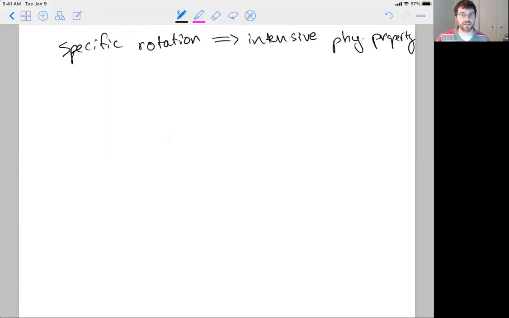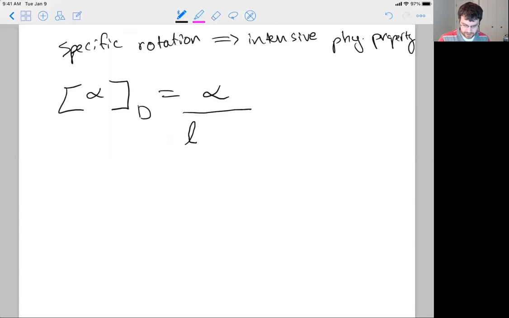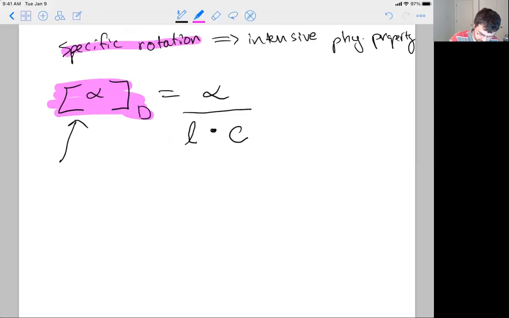Now what we've done with specific rotation is we've set the amount of sample that you can use. You can't have too much material, and if you do, you have to take it into account. And there's actually an equation. It's not overly complicated, but it's alpha divided by L times C. So this bracketed thing, this whole thing, is specific rotation.